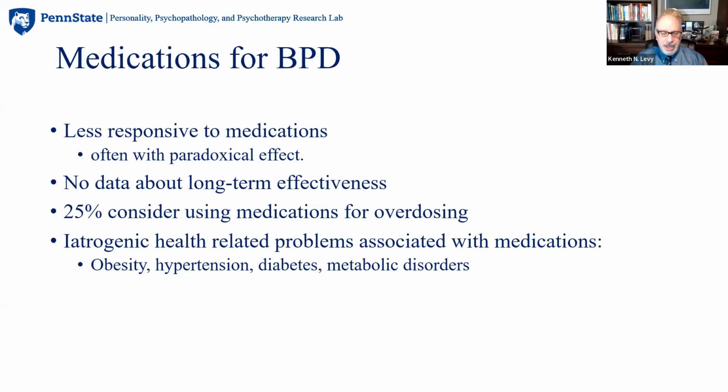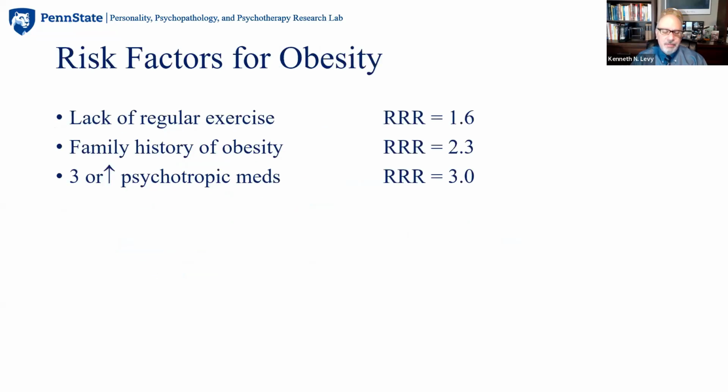There are other iatrogenic effects. Long-term use of these medications, and here I'm talking 5-10 years, leads to obesity, hypertension, diabetes, and metabolic disorders. And the risk of these disorders on medications is greater than if one had a family history of obesity or regularly did not exercise. So it's pretty striking.